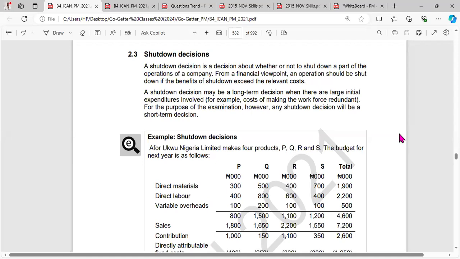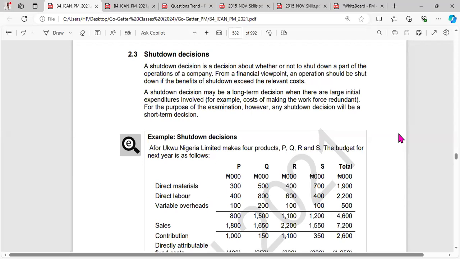So it means that the benefits of shutting down outweigh the costs of shutting down. So the company will be better off if that operation is shut down.